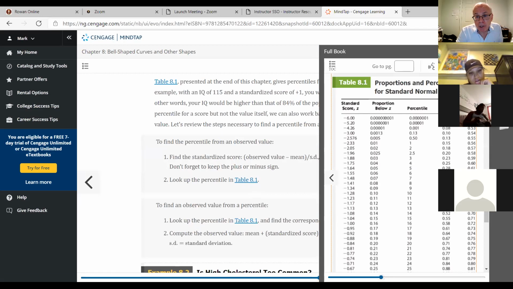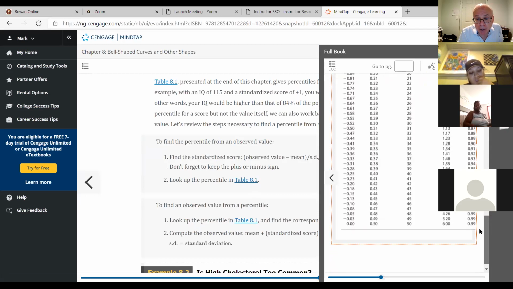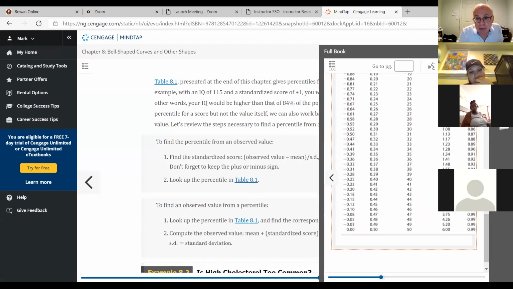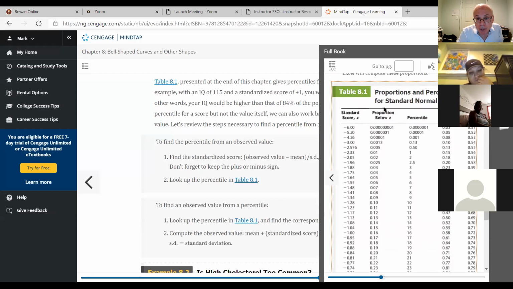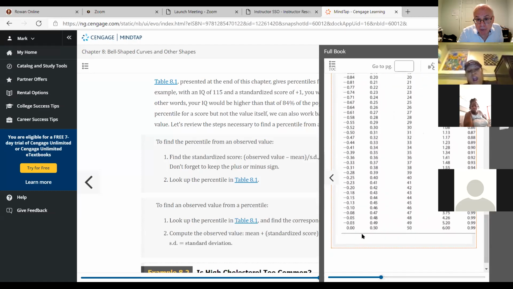Now, we're not going to be using this too much, but I wanted to show you how it works. If you have a standard score of 0, let's find it. Notice that next to it, there's a 0.5. What does the 0.5 represent? The proportion below that number. Well, 0.5 is 50%, isn't it?